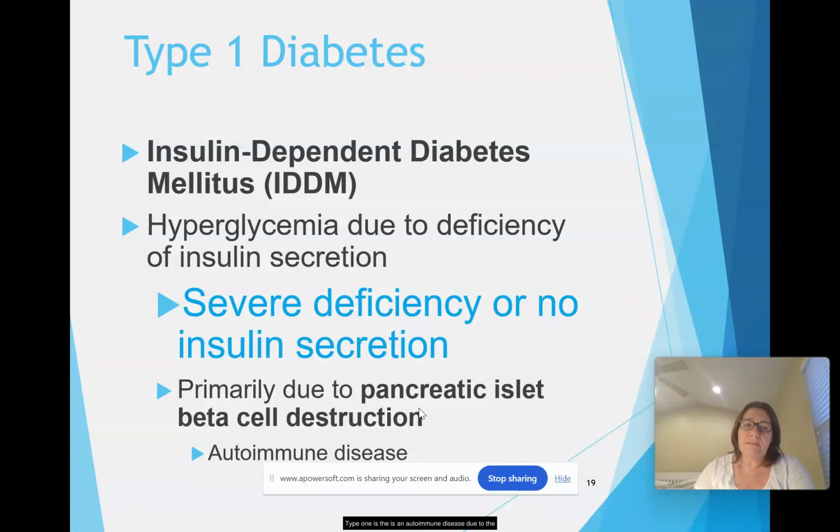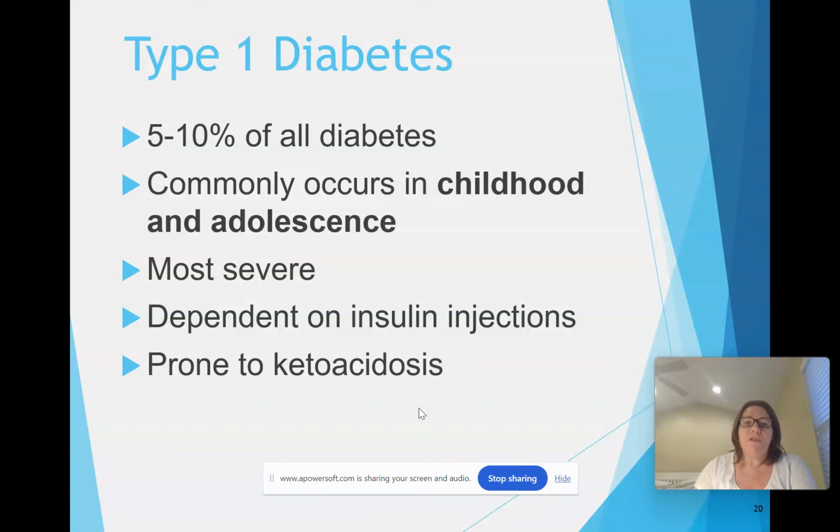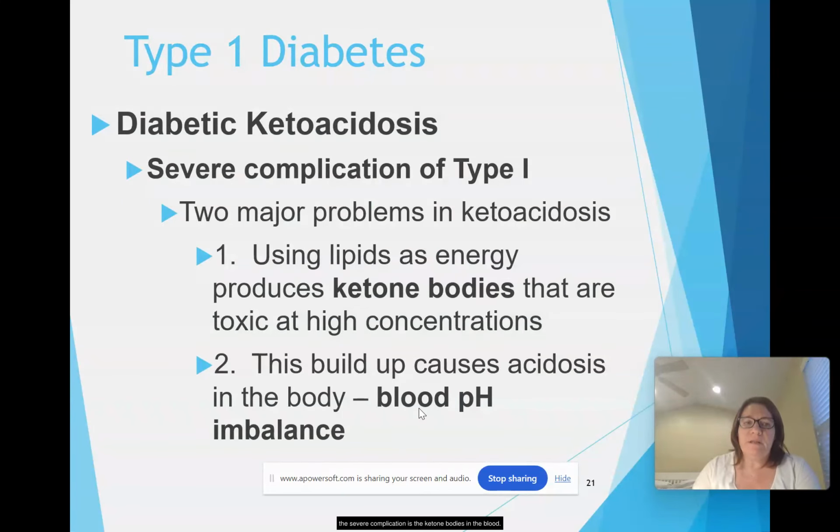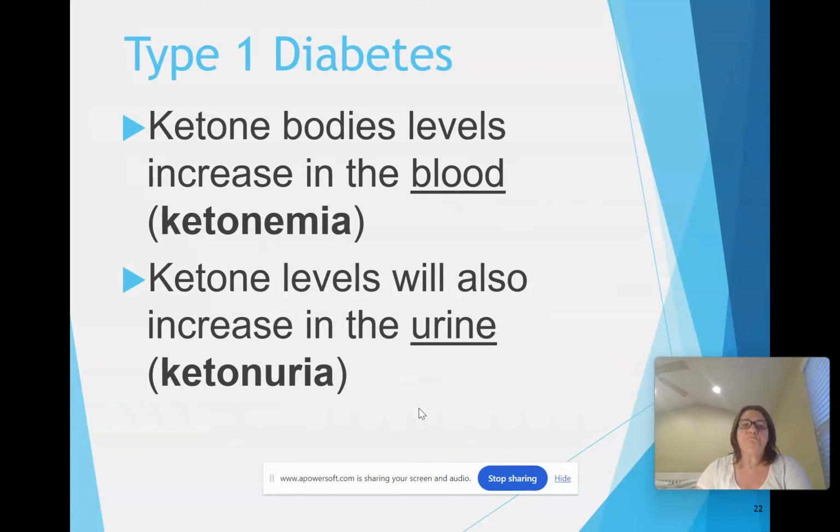Type 1 is an autoimmune disease, due to the destruction of the pancreatic beta cells. It's mostly during childhood, and the severe complication is ketone bodies in the blood. If they are in the blood, it's called ketonemia.